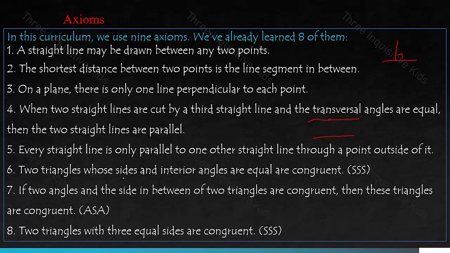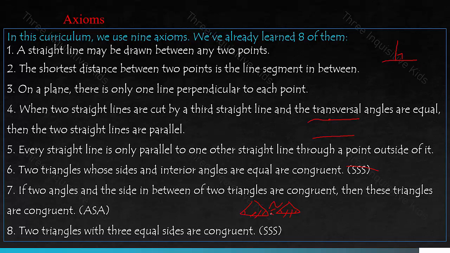Number 6, 2 triangles whose sides and interior angles are equal are congruent. Number 7, if 2 angles and the side in between of 2 triangles are congruent, then these triangles are congruent. So let's say that we have 2 triangles, and we know that these 2 angles are the same, and this side in between these 2 angles are the same, then these 2 triangles are congruent.